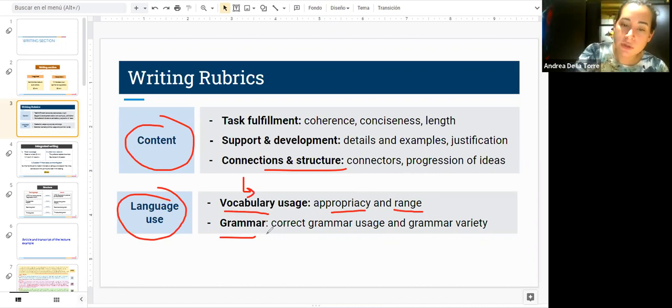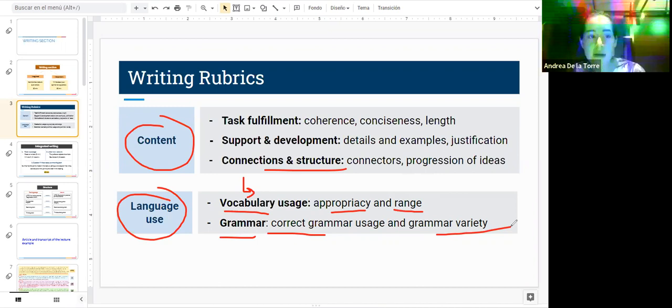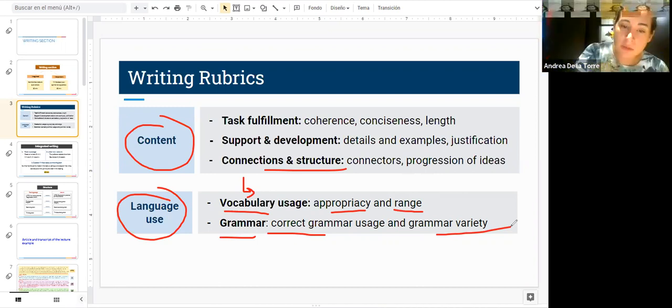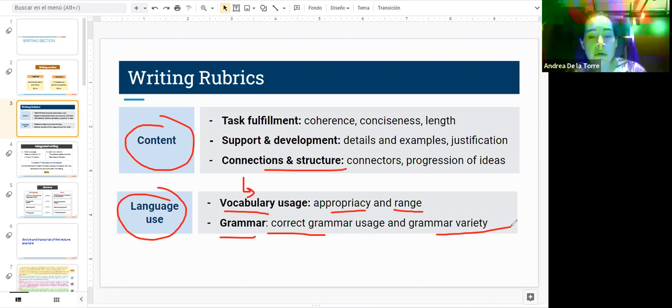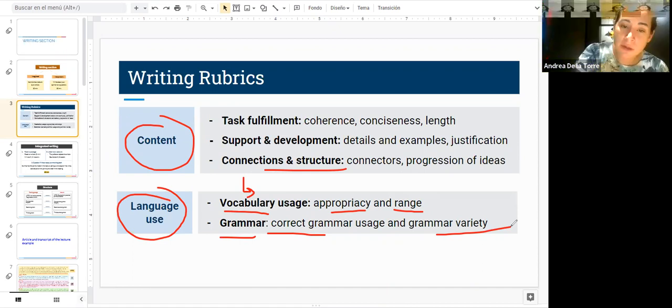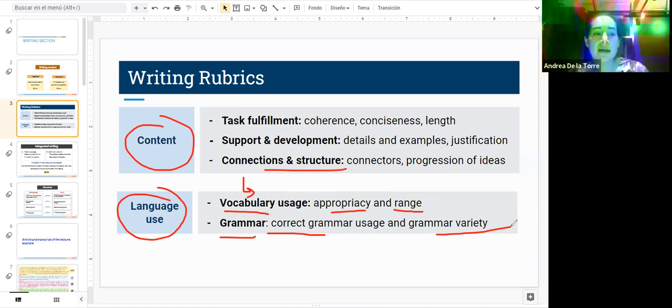In grammar, of course, it has to be correct grammar, and you also need to show, and this is really important, pay attention, in the writing section, it isn't enough that you just have correct grammar, that you don't make mistakes, okay? That's just basic. But another thing you have to do in terms of grammar is show grammar variety, okay?